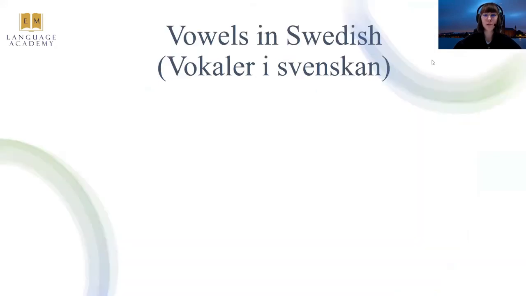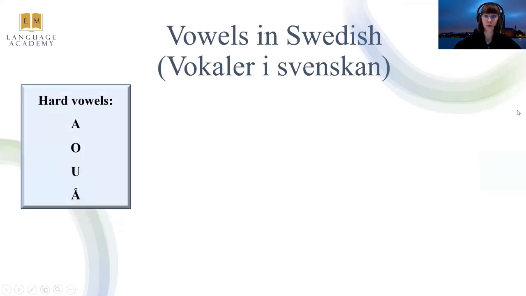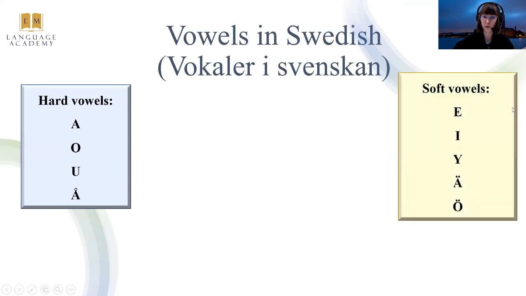Now, when it comes to pronunciation, another very important thing to know is vowels in Swedish, or vokaler i svenskan. We have two groups of vowels, that is hard vowels and soft vowels, right? We have 4 hard vowels. These are letters A, O, U, and Å, right?